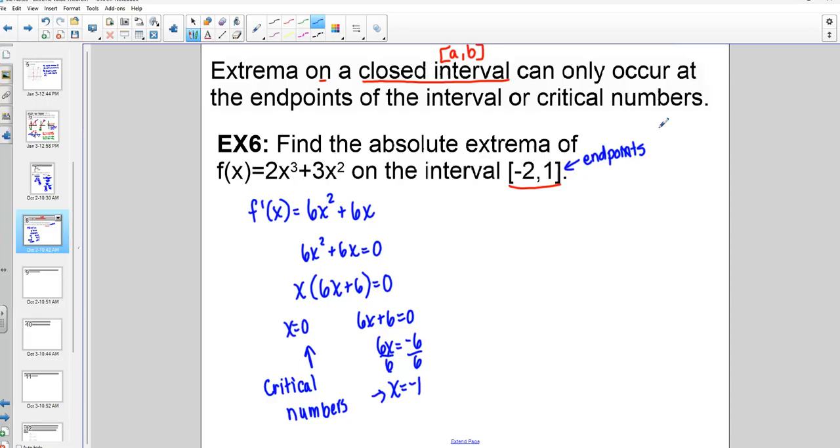All right, so the absolute maximums and minimums have to be at those points, right? At -2, -1, 0, or 1. The endpoints and the critical numbers. If you get a critical number that's not on your interval, you can throw it out. But 0 and -1 both fall in between.